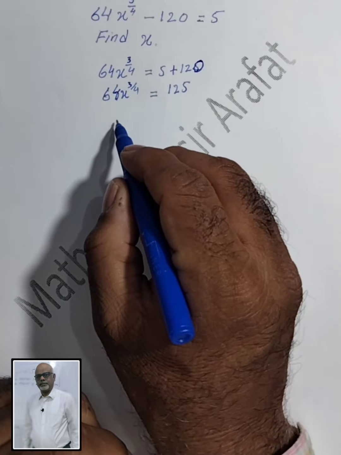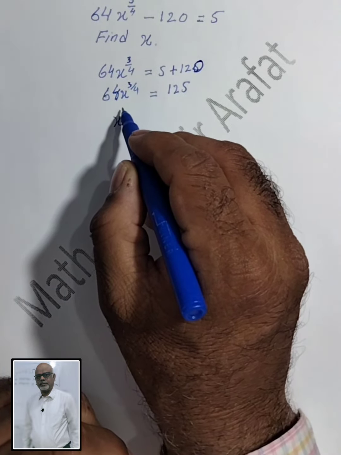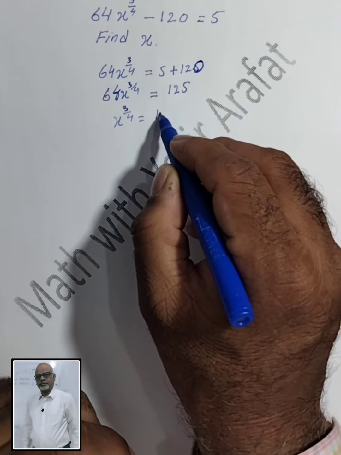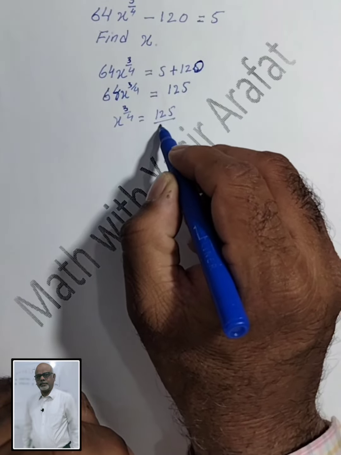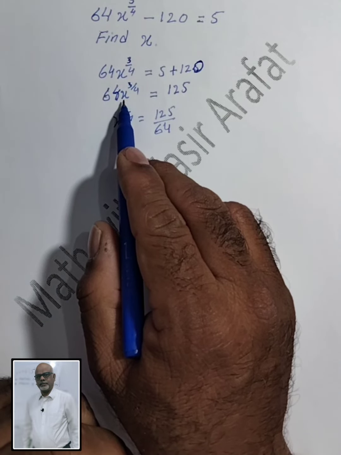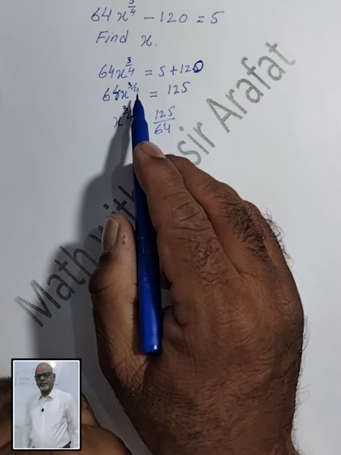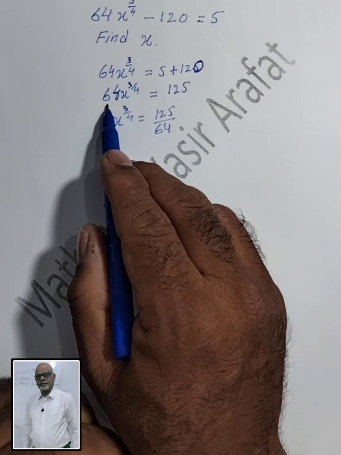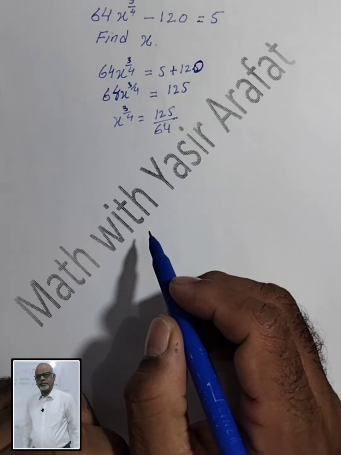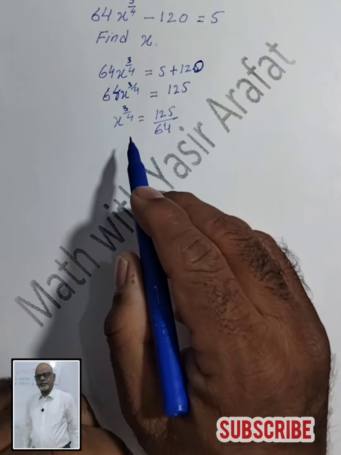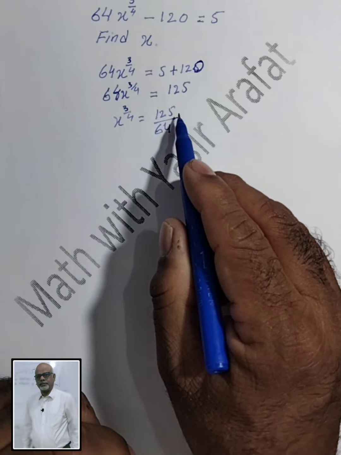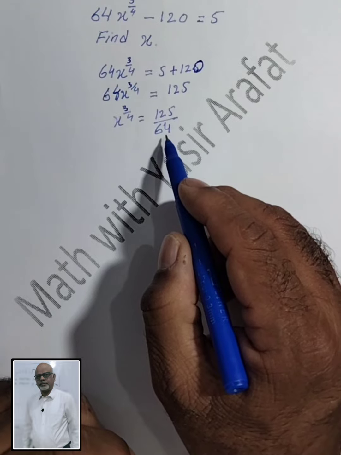So that can be written as x power 3 over 4 equals 125 over 64, because 64 is multiplied with x power 3 upon 4. When we shift this to the right hand side, it changes into division.